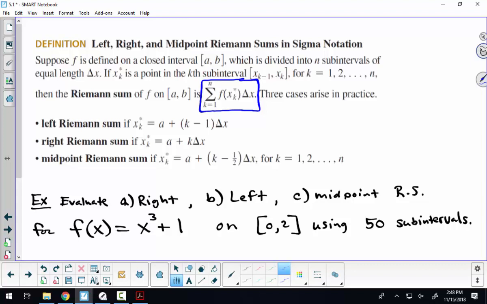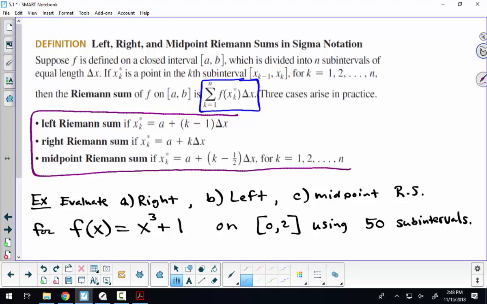F evaluated at x star is the height of each individual rectangle, and delta x is the width of all of them. The other important piece is how we actually define the x stars, the values of x that give us the height of each rectangle for the left, right, and midpoint Riemann sums.